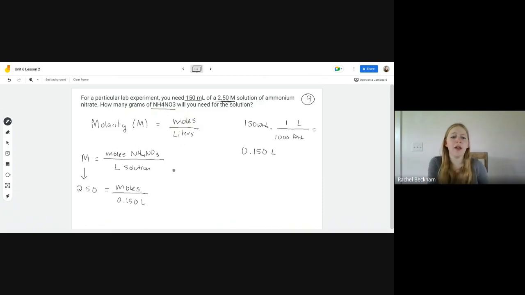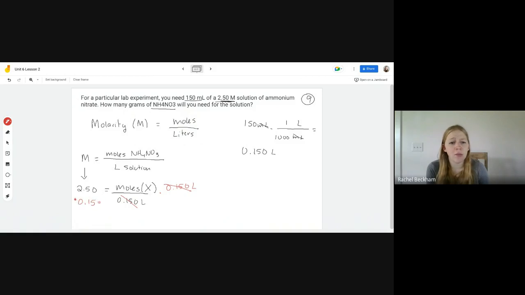And now I need to solve for moles. Moles are like my X, like in math. I need to get X by itself. Right now, X is being divided by 0.150, and I don't want that there. So to undo this, I'm going to multiply by 0.150 liters so that it cancels out. But what I do to that side, I also have to do to this side.